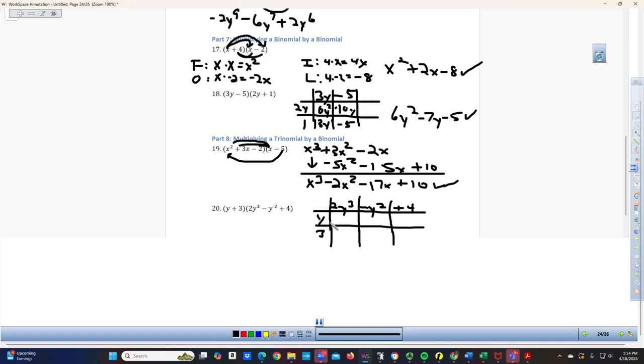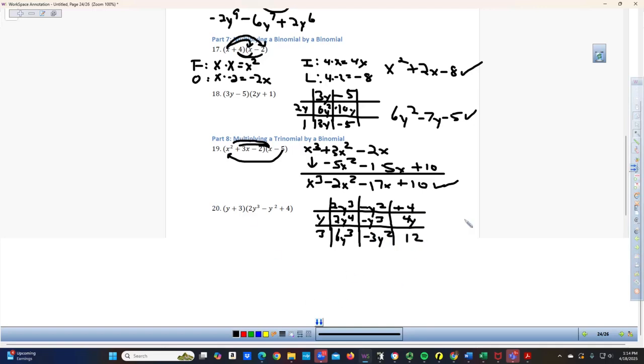And now we can say y times 2y cubed is 2y to the 4th. Negative y squared times y is just negative y cubed. 4 times y is 4y. And then we can say 3 times 2y cubed is 6y cubed. And then 3 times negative y squared is just negative 3y squared. And then 3 times 4 is 12.